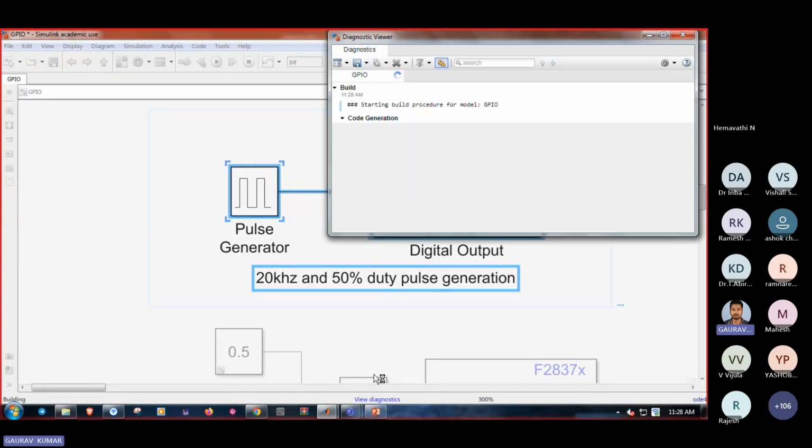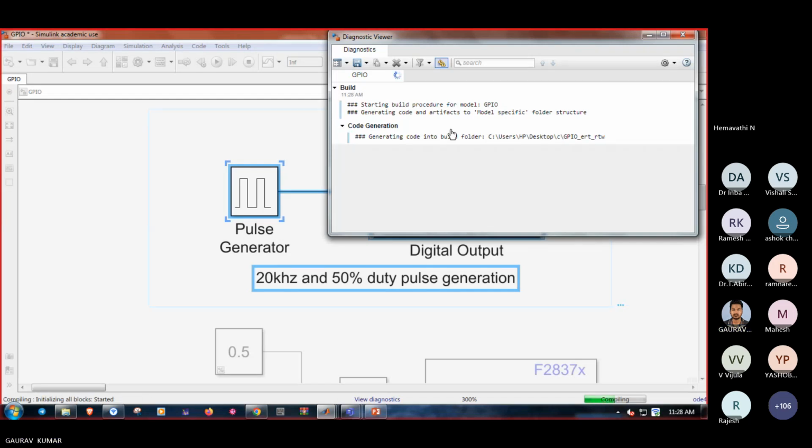You can see the view diagnostic. The corresponding Code Composer Studio code is generated here, and it will also be dumped into the C2000 microcontroller.